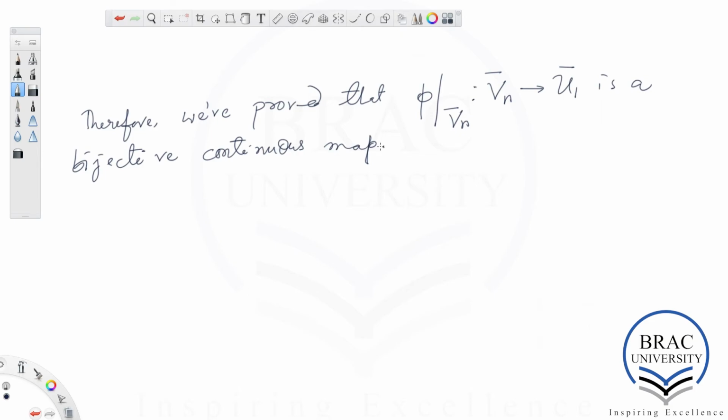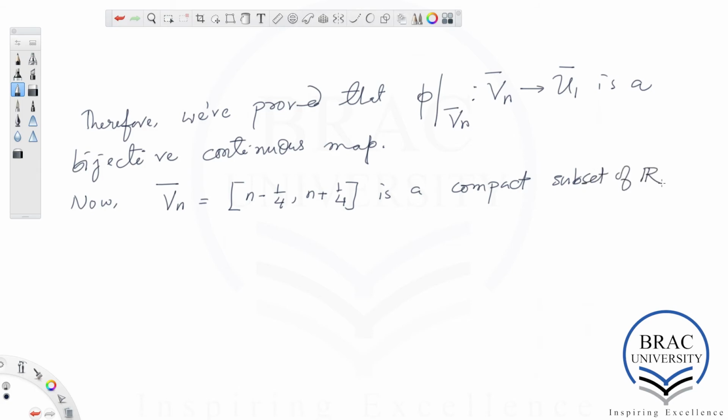Okay, so it's a bijective continuous map. Now, the closure of Vn, being the closed set from n minus 1 quarter to n plus 1 quarter, is a compact subset of R. Why?